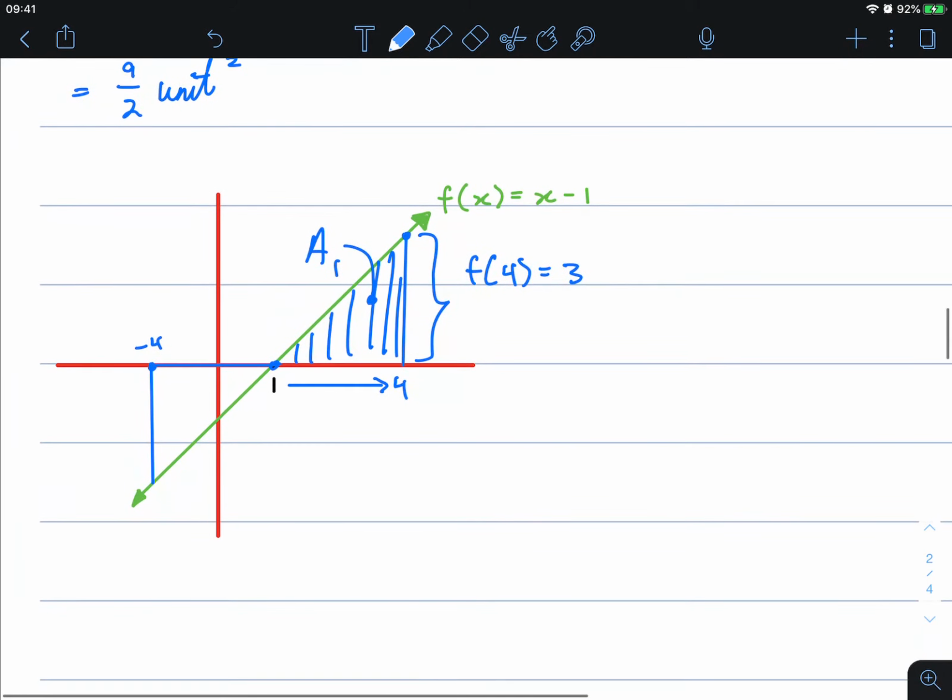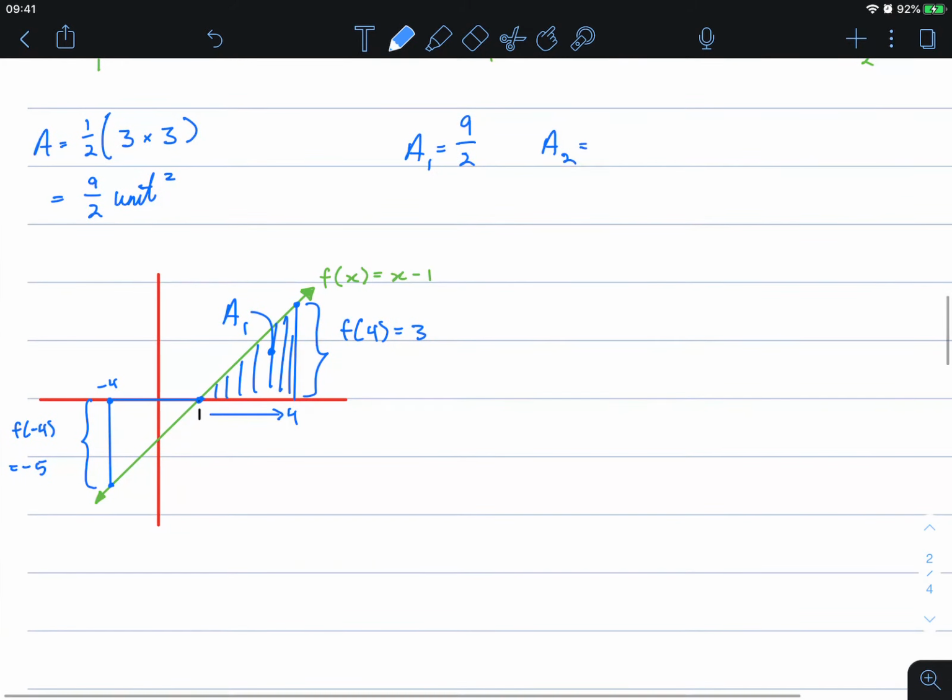So we want to find this little area there. Well, we can find that by finding first the base, and that length here is f of -4, which is -4 minus 1, so that is going to be -5. So the area of this is going to be half the base, which is -5, times the length, so from -4 until 1, that's 4 plus 1, which is 5 units across.